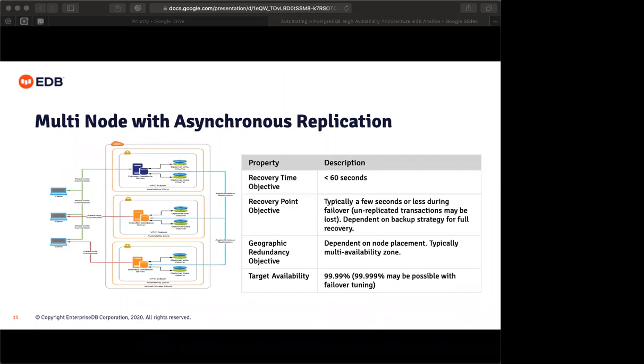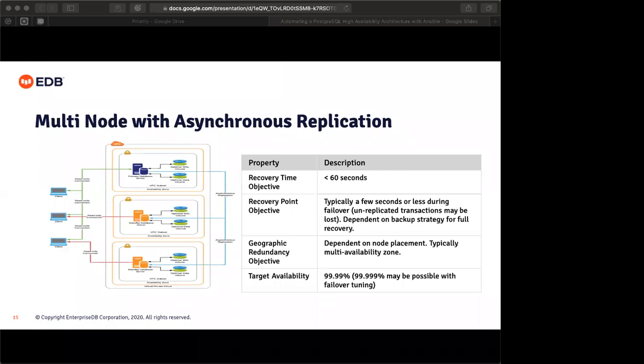It's pretty much up to date. The recovery time objective you can achieve through this core architecture is less than 60 seconds. The recovery point objective can be a few seconds because it's mainly a switch from the primary to the new primary. I'm promoting one replica to be the new primary in case of a disaster.